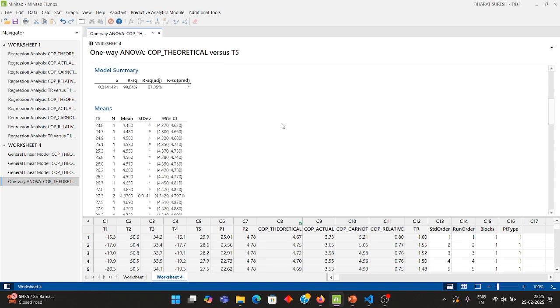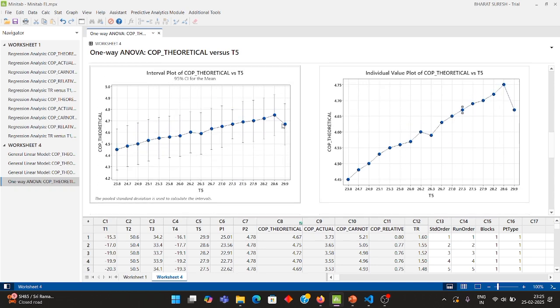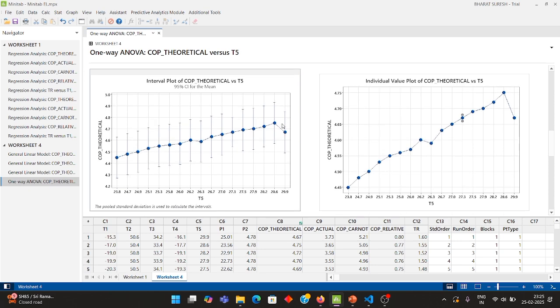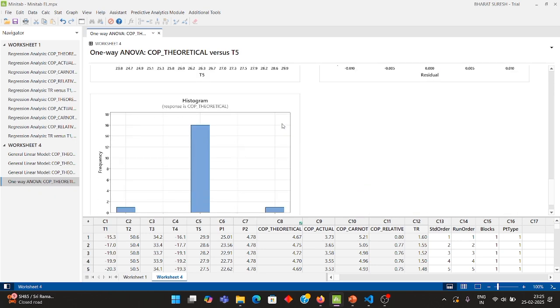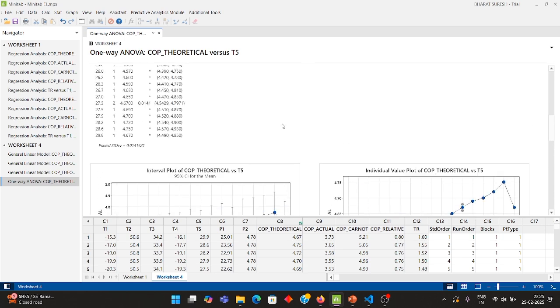The model summary is plotted based on that, based on which we have also plotted graphs of box plots, a histogram, and a normal probability plot.